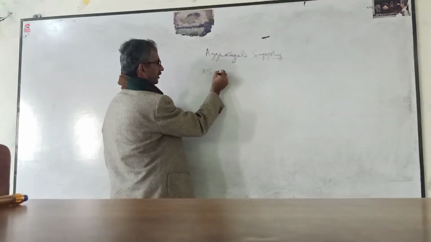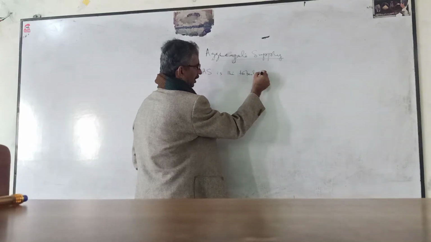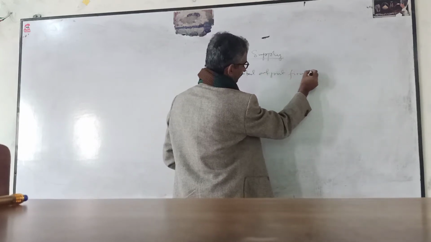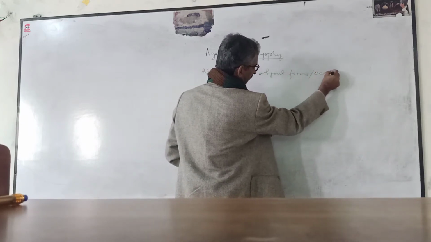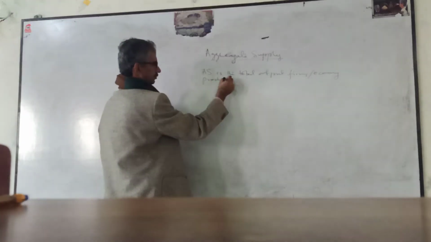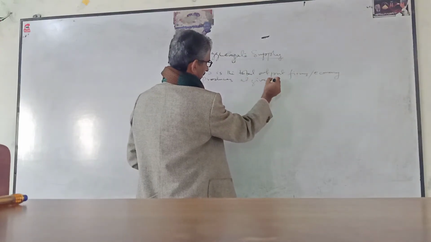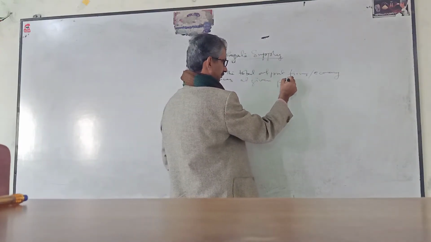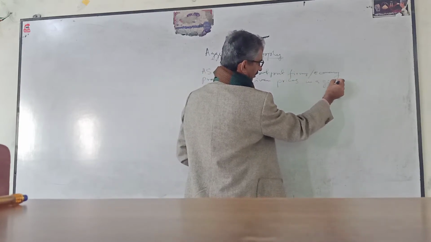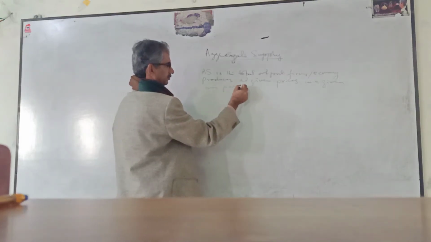Aggregate supply is the total output firms or the economy produces at a given price or prices in a given time period.